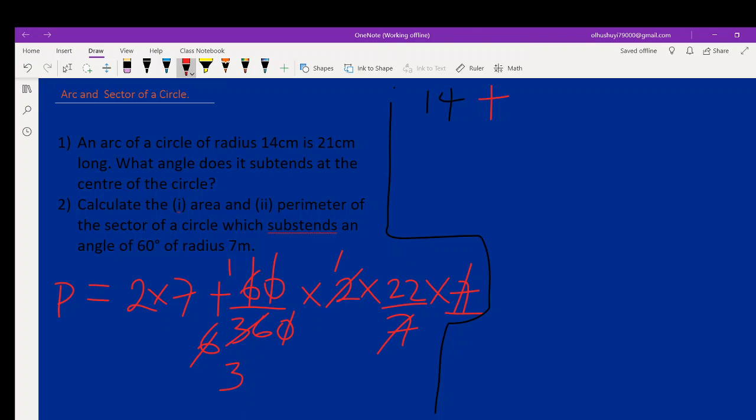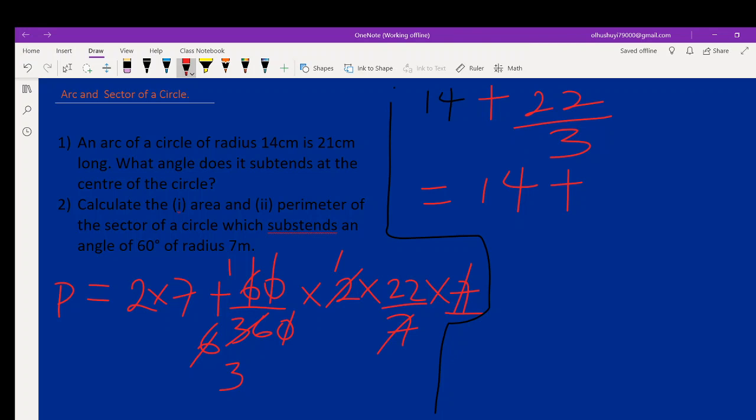We have 14 plus 22 upon 3. What is 22 divided by 3?